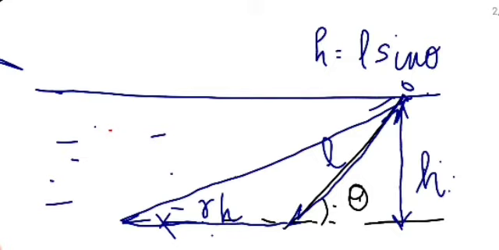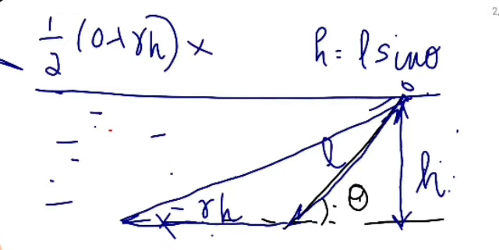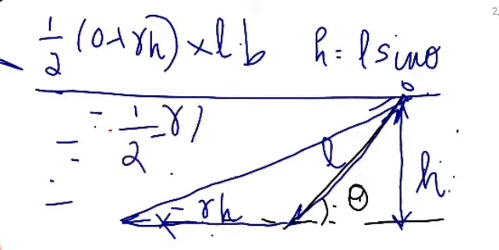But here one problem lies, the plate is inclined. So how can we calculate? We can take the area of the pressure diagram, which is half of 0 plus gamma h, times the area of the plane, which is L into width. So h we can replace as L sin theta. So it is nothing but half gamma L square B sin theta. I think you are getting my point.